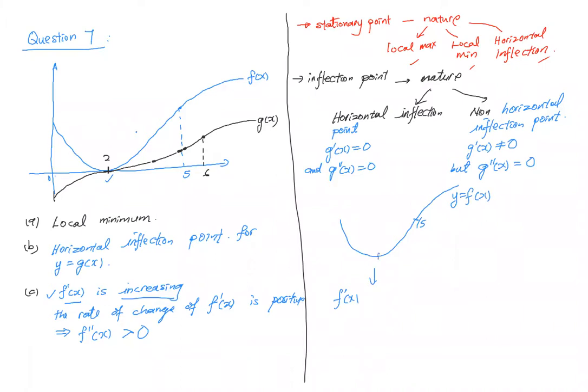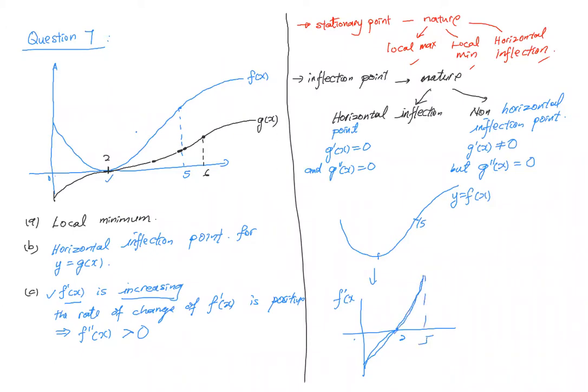From very negative, my f prime x graph goes up to 2, or maybe it continues to go up until 5.